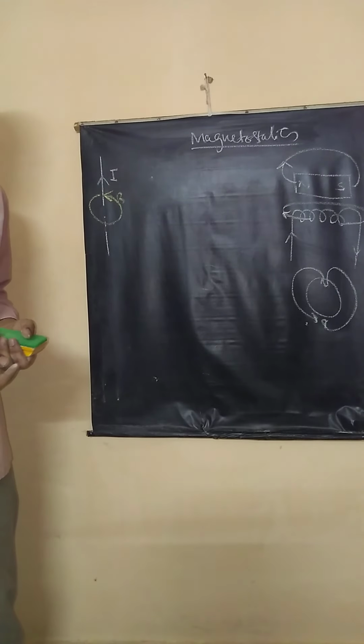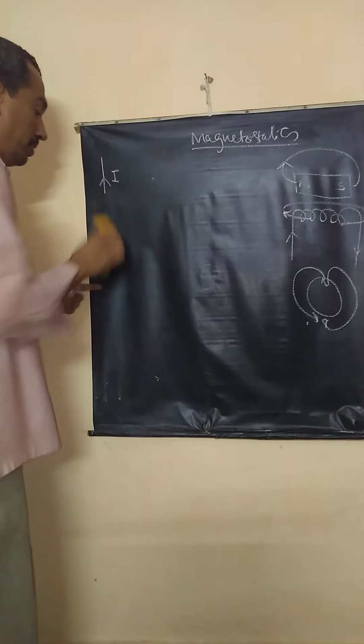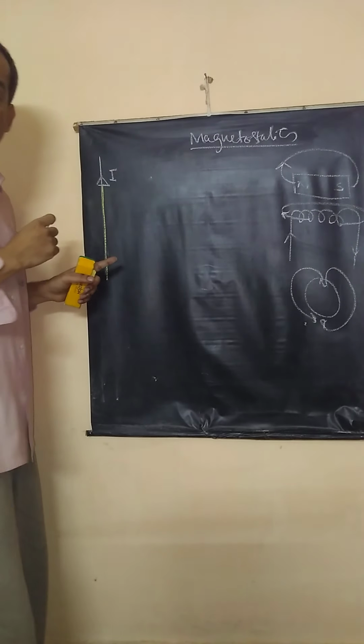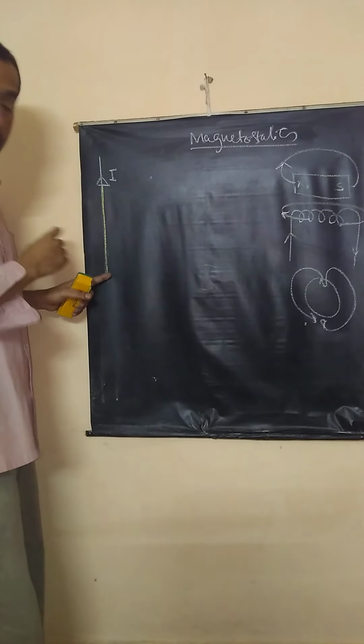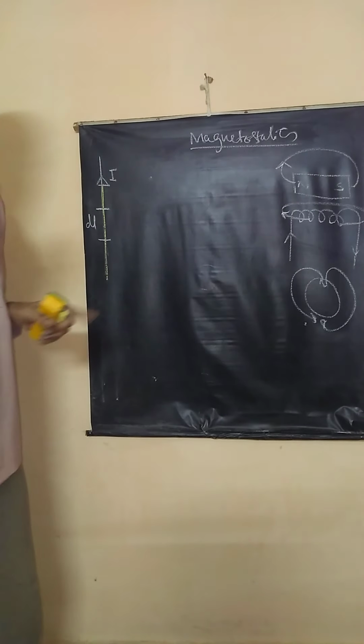Biot and Savart gave us a law. The law relates the magnetic field due to a current carrying conductor with the magnitude and the direction of the magnetic field. Now, let I be the current passing through a conductor. Let us imagine dl, a small current element.